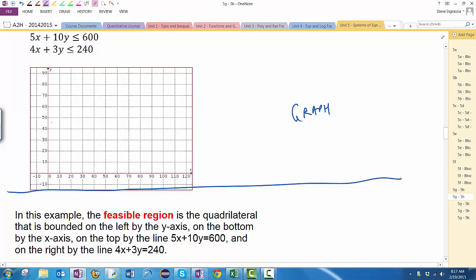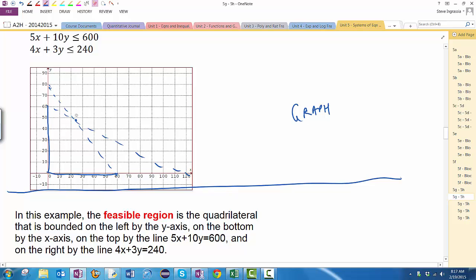I'm going to just draw the feasible region for you. I get the part here that's along the y-axis up to here, something that's along the x-axis over to 60. Then I'm getting something that was the line here that went from 80 down to 60, and I had the line that went from 60 over to 120.